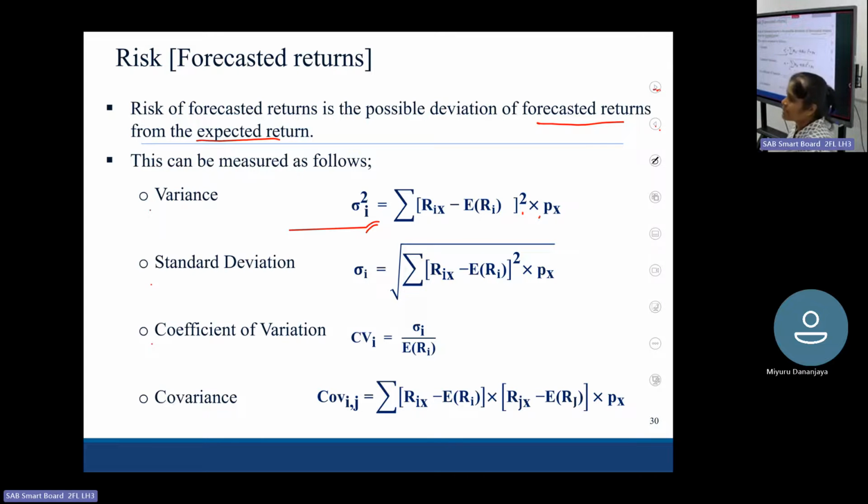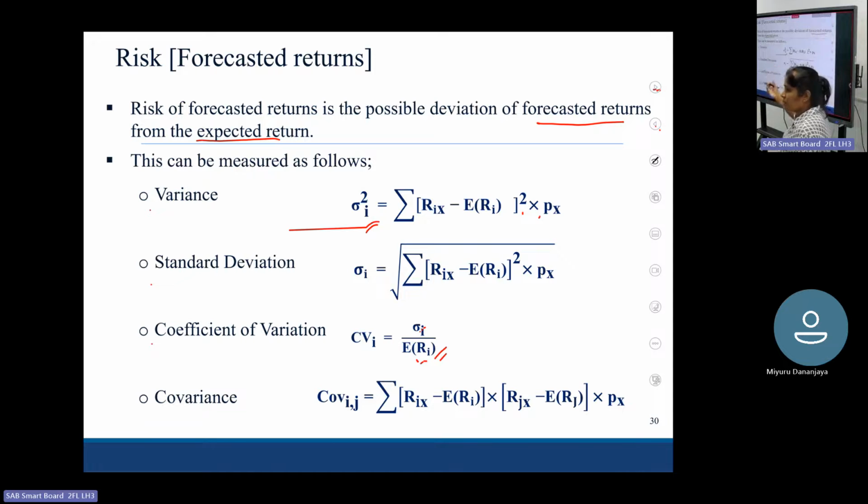Once you get the square root of that, it is the standard deviation. Coefficient of variation is the same, no difference. The only difference here is standard deviation divided by expected return. Previously, you calculated standard deviation divided by average return. Now, standard deviation divided by expected return.